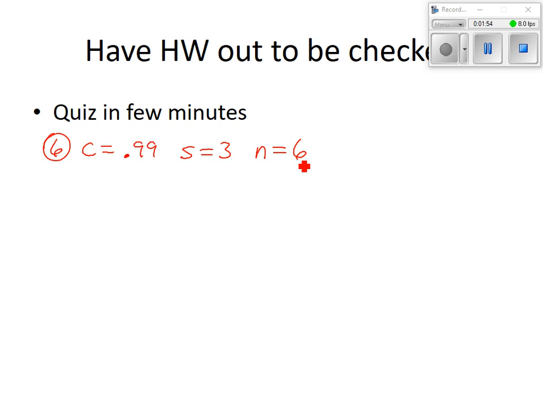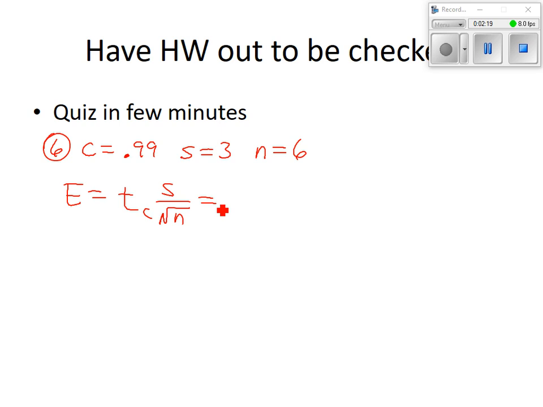Number 6 says find the margin of error, so we're looking for E. Somebody tell me the formula for E on this one. E equals tc times s over the square root of n, same as last section. We have to find tc, so we use the chart.